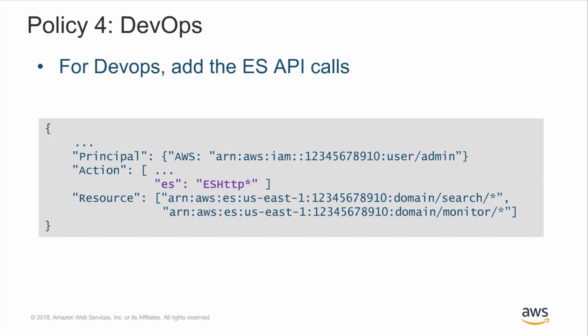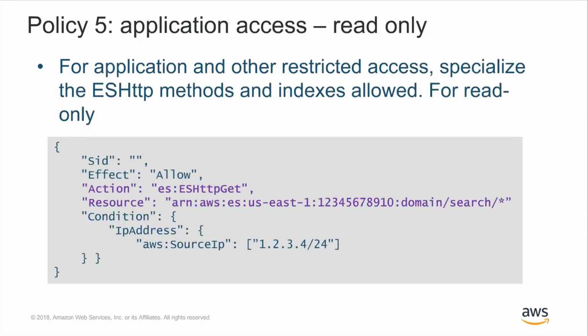I'm going to add to the prior policy ES HTTP star. This allows them to send Elasticsearch API calls and allows Kibana to interact with the domain. I am again using a principal here so that it is tied to a particular user, and the resources here are both the search and monitoring domain.